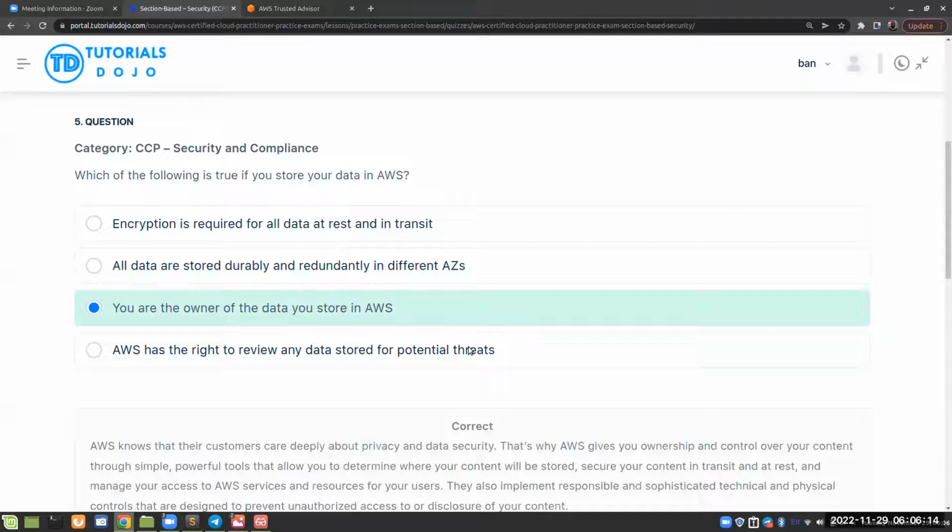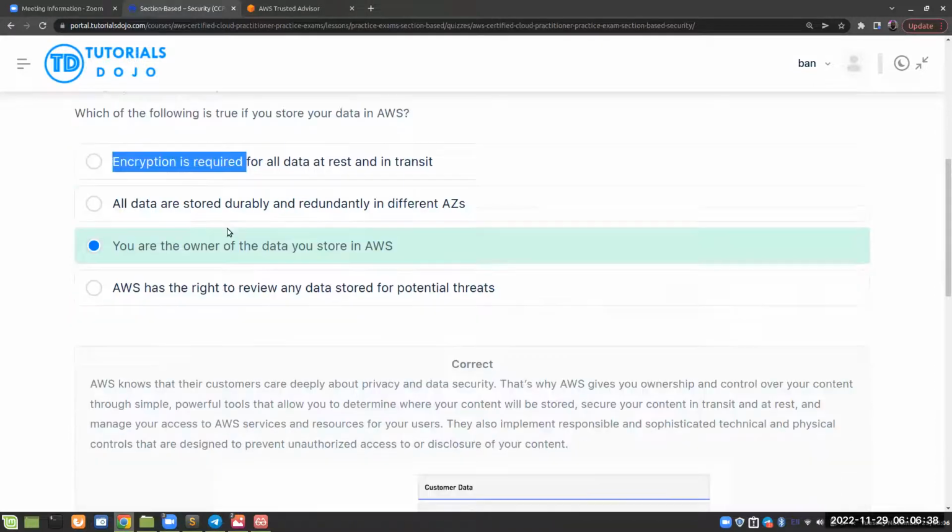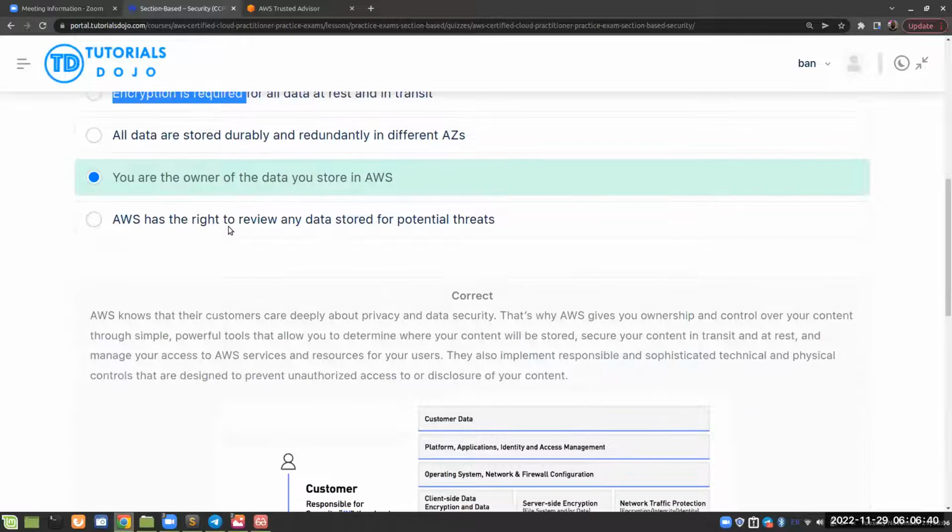So it's actually C. Now, we have to figure out why the other ones are wrong. It's important, right? But the question is, do you always require encryption all the time for data at rest and in transit? Because this question says encryption is required, but is that true? Is it something you must always do?